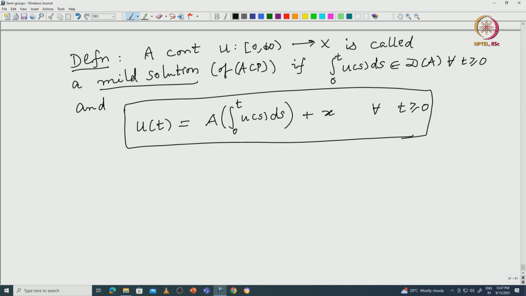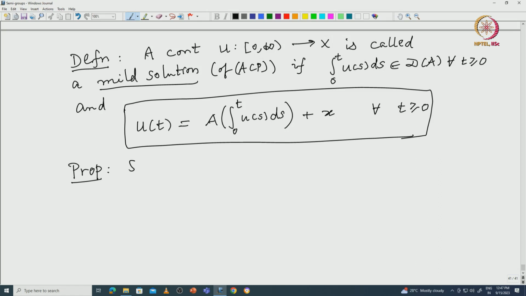In fact, it is very important in many applications, especially in control theory. Okay. So, here is a proposition for this mild solution. So, let us, we are not going to discuss in detail, so just say that.